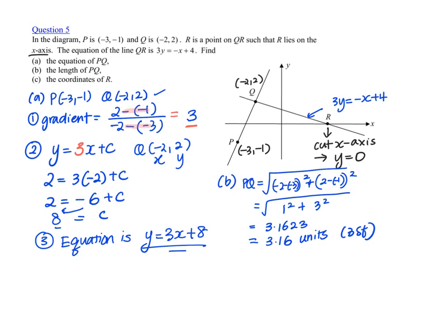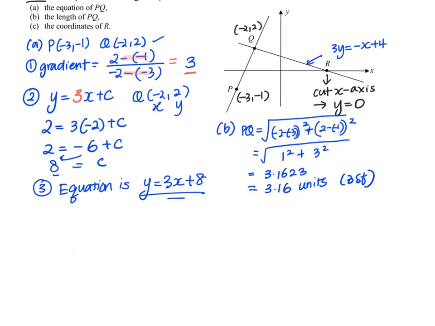Now last but not least, they have given us the equation and asked us to find the coordinates of R. Now we know that point R, down here, cuts the x-axis. This R is on which line? This R is on the line with the equation 3y equals -x plus 4.